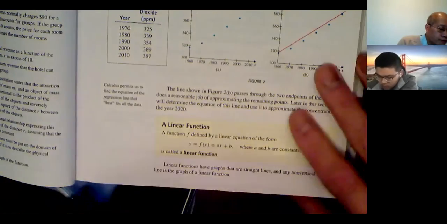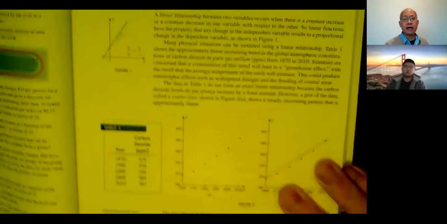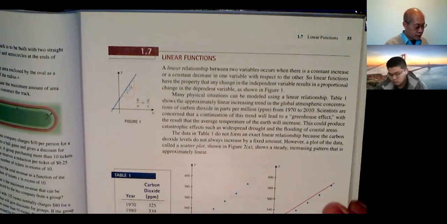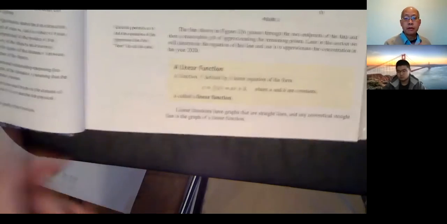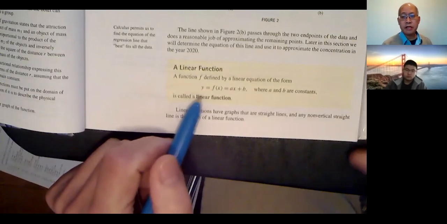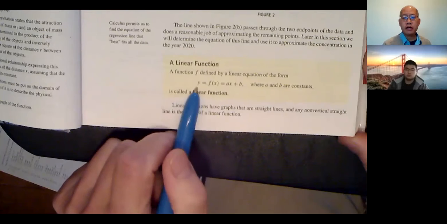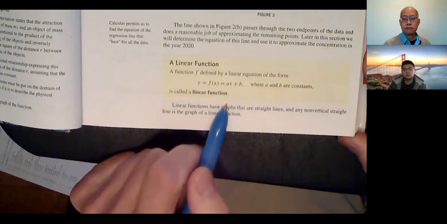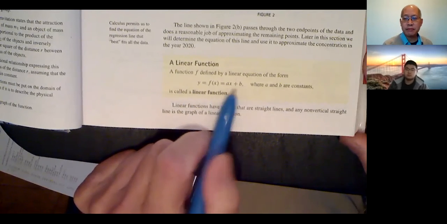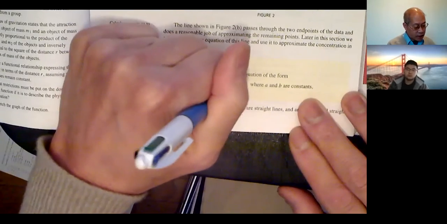1.7 is a review of linear functions, straight lines. So hopefully this is not too bad. Page 55. At the bottom, and I don't really know why the book does this, it says linear function y equals f of x, ax plus b. You should really think of it as mx plus b.